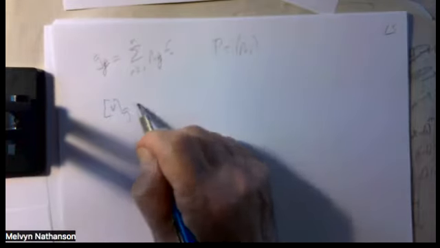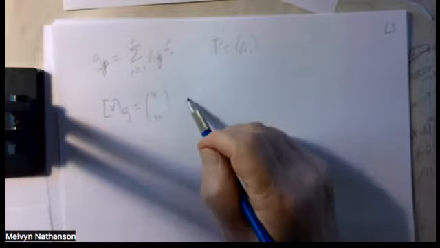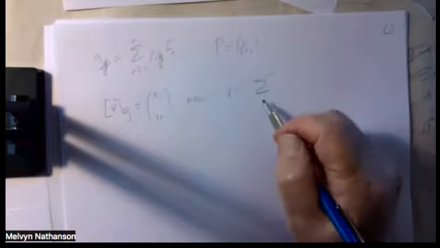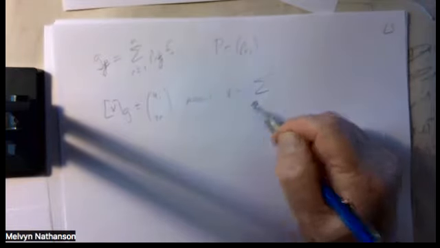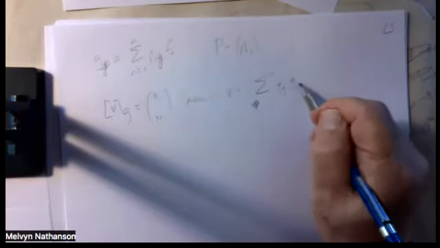So suppose that the coordinates of V with respect to G are y_1 to y sub n. This means the vector V is this linear combination, summation y_j, g sub j, j goes from 1 up to n.